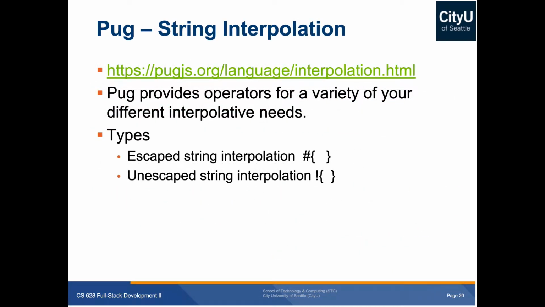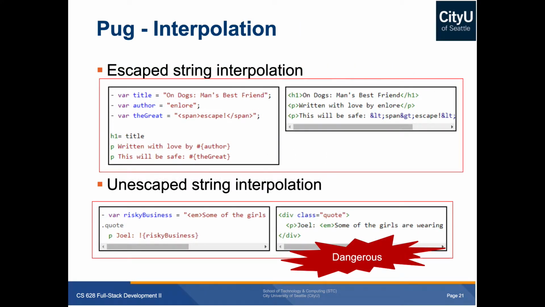Pug provides operators for a variety of your different interpolative needs. Escaped string interpolation uses the hashtag or pound, then curly braces. We've been using that with the title, right? And the unescaped string interpolation uses the bang or exclamation point. So an example: we have the title again, and that part is using the buffer.